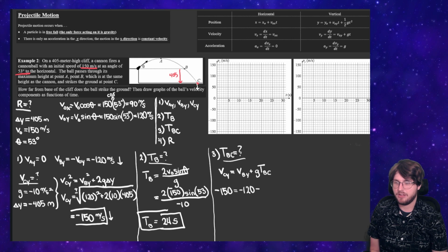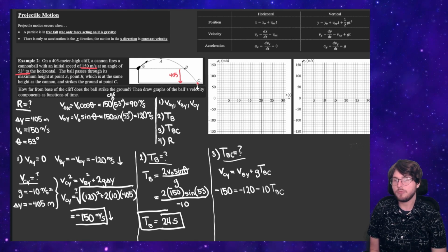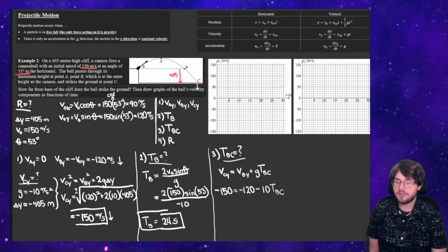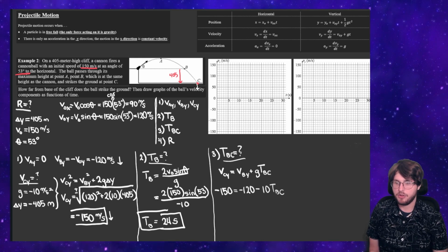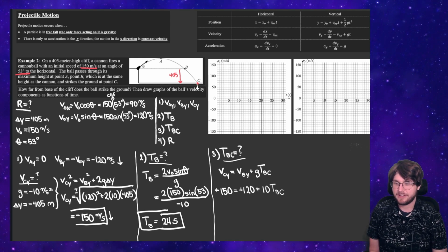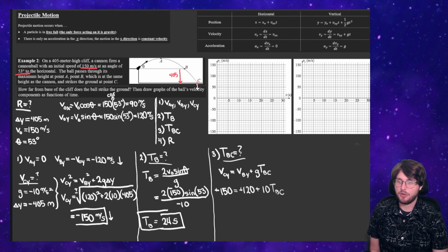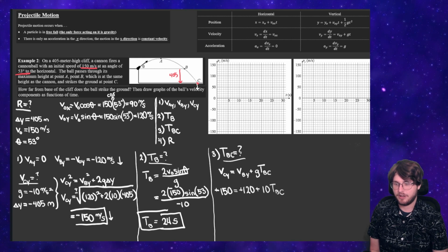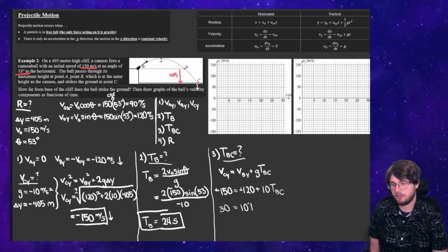So it'll be minus 10 for G times TBC. Okay. Now there's a negative sign on all terms, so we could just get rid of those if we wanted to. I'll go ahead and do that. Now you'll find that it works itself out later if you don't like that. And so it's going to be 30 equals 10 TBC.